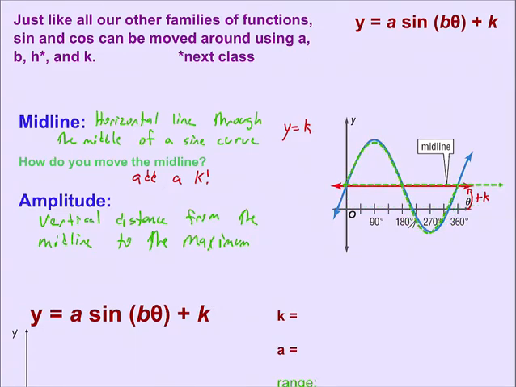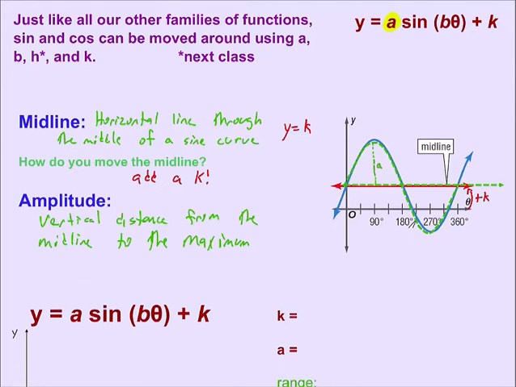So the amplitude is that distance. And just like we know that the way you do a vertical stretch in any other function is by putting a coefficient in front of it, same thing here. That coefficient in front, which is what we'll call our a, just like in every other function of the year, is the amplitude.